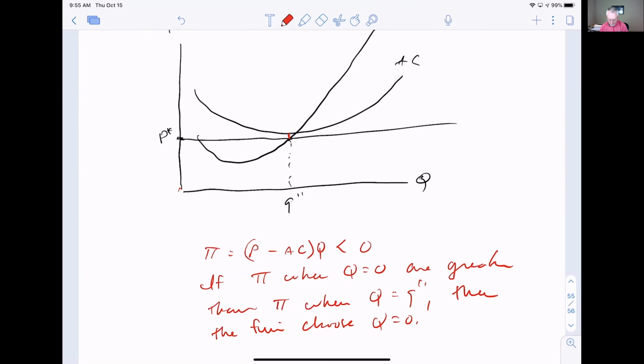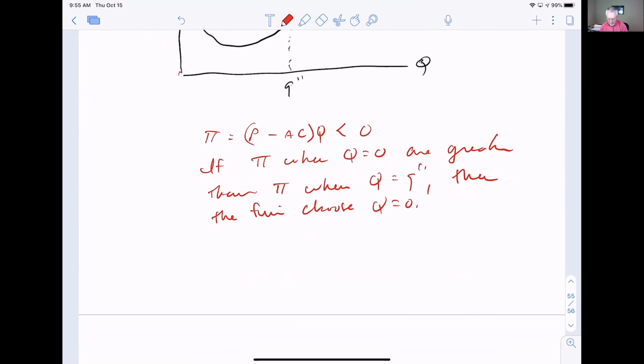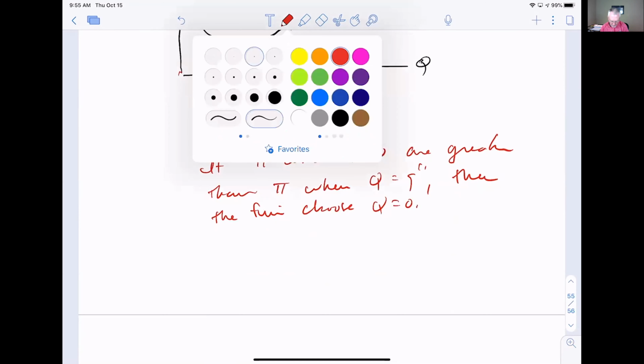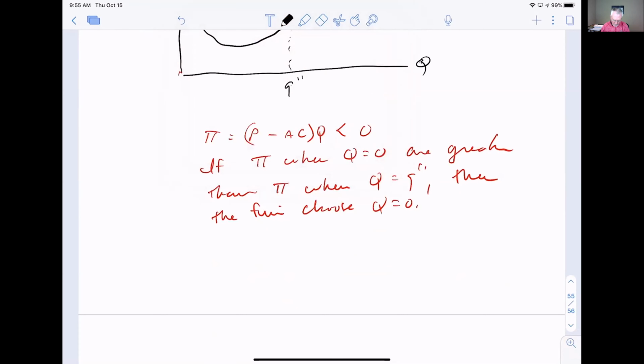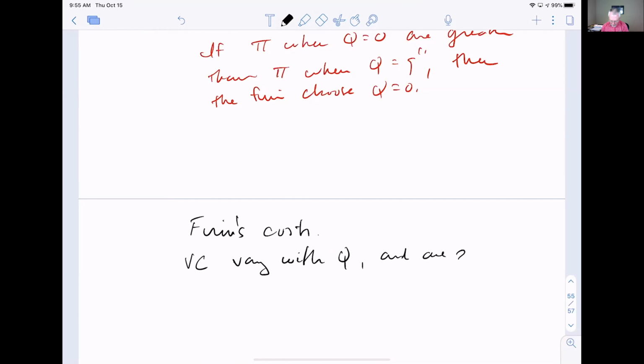Now, recall that the firm has fixed costs. Let's just do a little review here. So the firm's total costs, we said, include variable costs, which vary with Q and are 0 if Q equals 0.